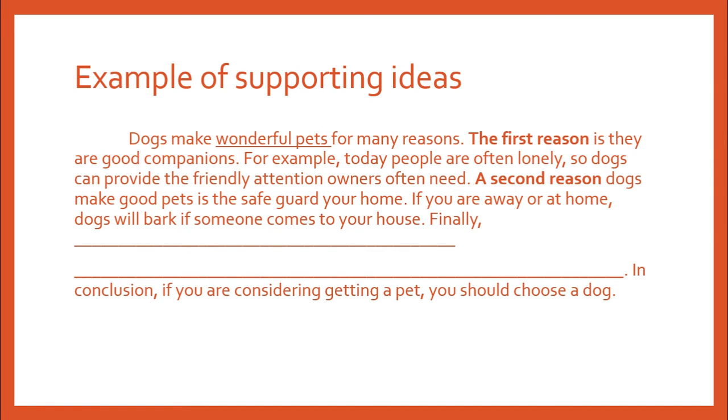So they will bark if somebody comes to your house. This one is missing a third reason that dogs are wonderful pets. But I still think this shows pretty well the way that body sentences are used to support the topic and the main idea of your paragraph.